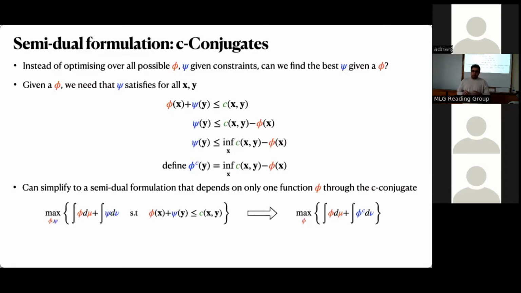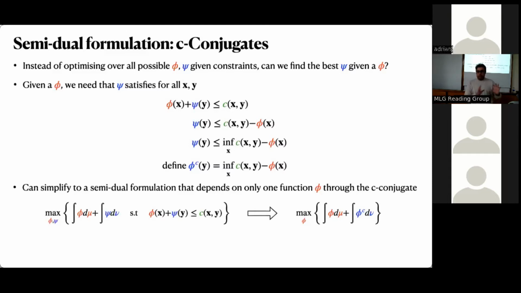Depending on the use case, and on whether we can get a nice closed form solution for the conjugate, the semi-dual formulation is sometimes used. But more often than not, people look at the dual formulation and try to solve it to get the optimal coupling between two probability measures, mu and nu.